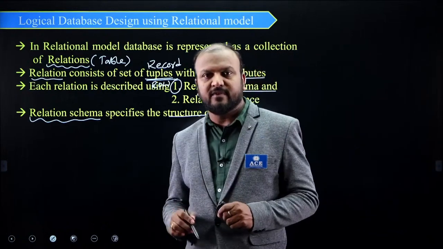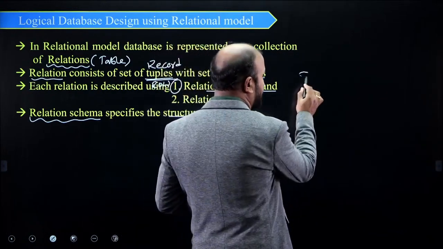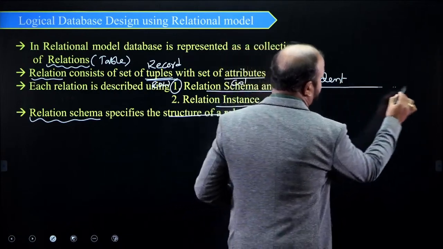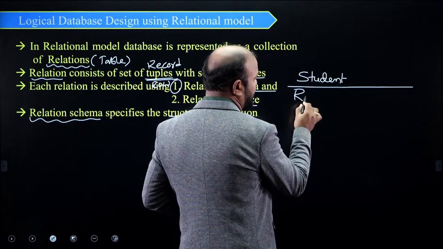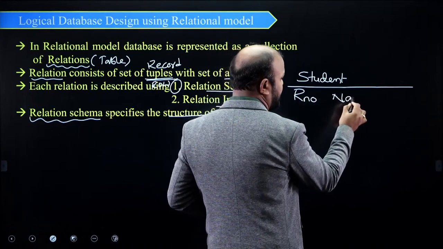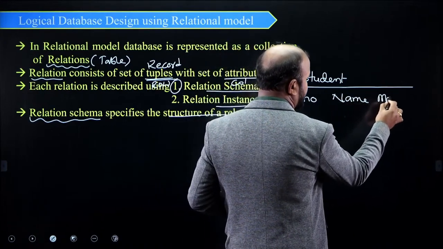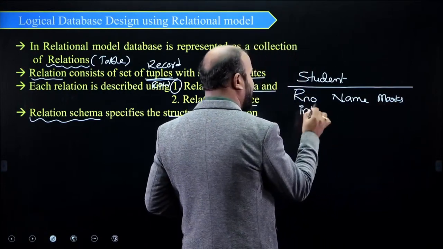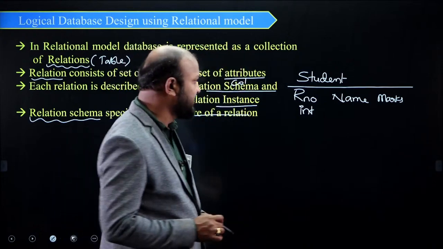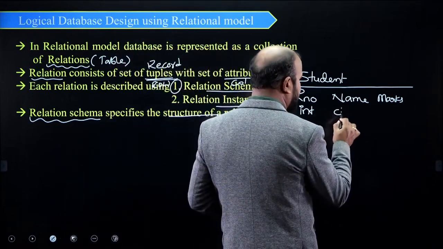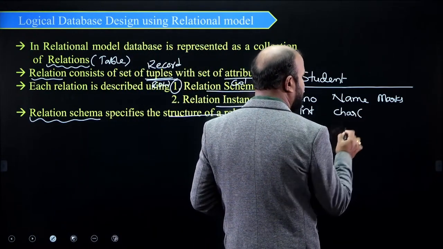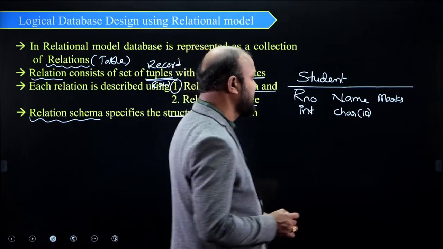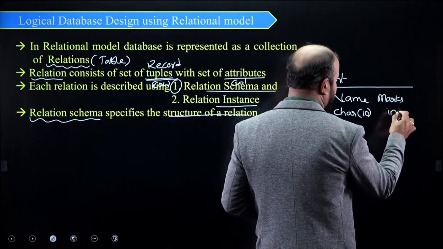Suppose I have a table called student, having some attributes: roll number, name and marks. Roll number will take values of type integer, name will take a sequence of characters comprising a maximum of 10 characters, and marks is of type integer.